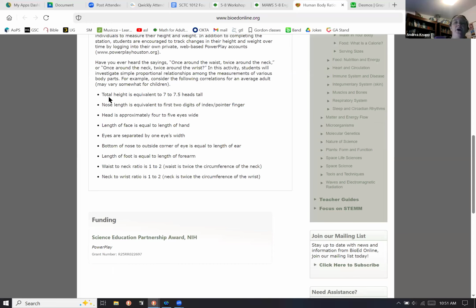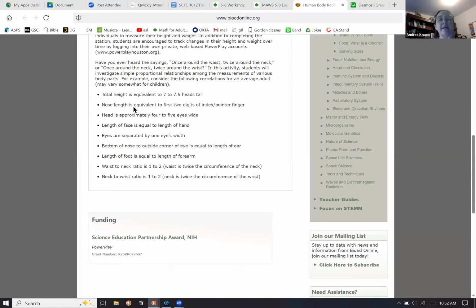So the total height of an average adult is equivalent to 7 to 7.5 heads tall. So if you're drawing an adult, if you put 7 to 7.5 heads, that's about the height of the person.